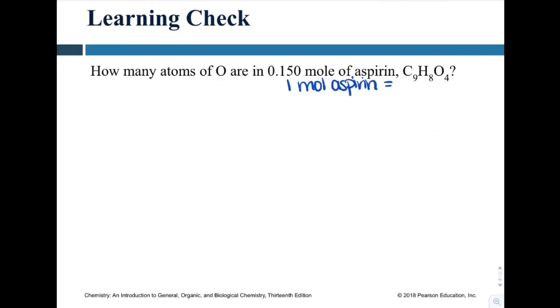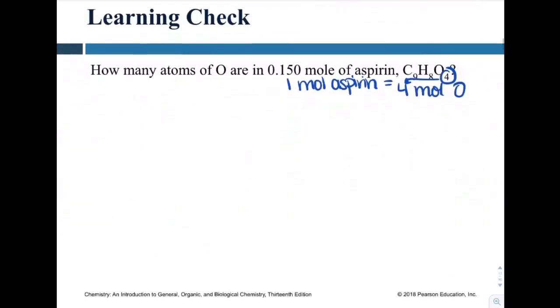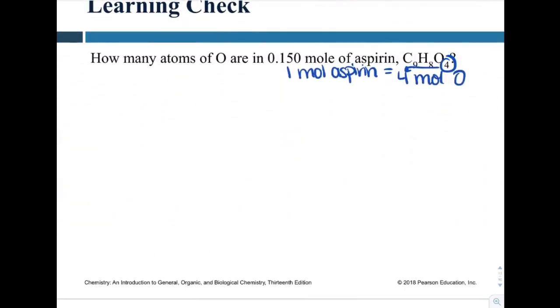Well, in 1 C9H8O4, there are 4 oxygens. And so there are 4 moles of oxygen by default, because I can turn these molecules and atoms into moles, because Avogadro's number works the same for all of them. So I can use this mole to mole ratio that I see given to me by my subscripts.